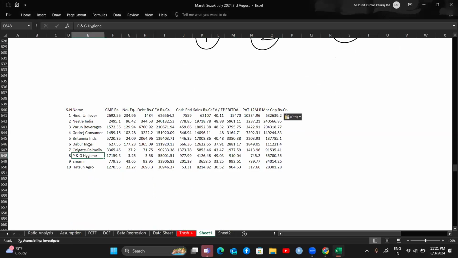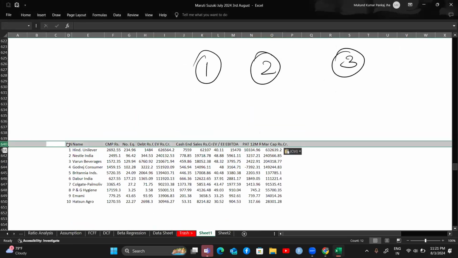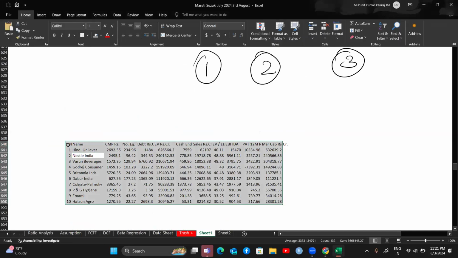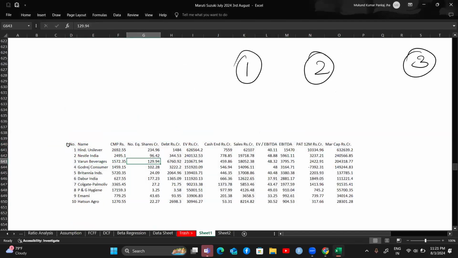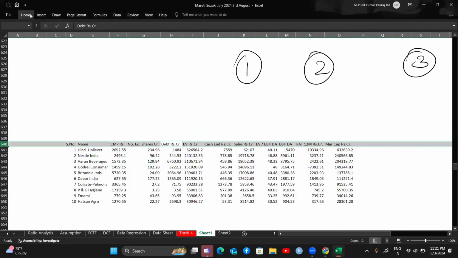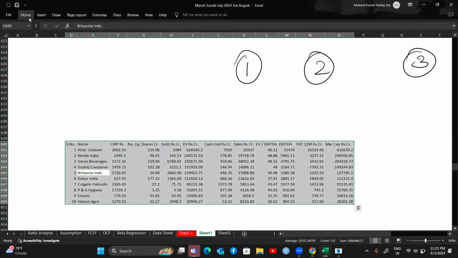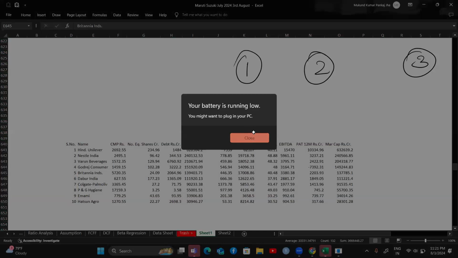We are going to copy the data, and let's go for the third largest company based on market cap. Select this whole thing. Screen not visible. Just give me a second. It will be visible.